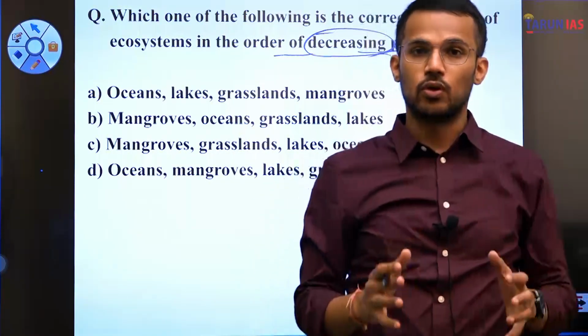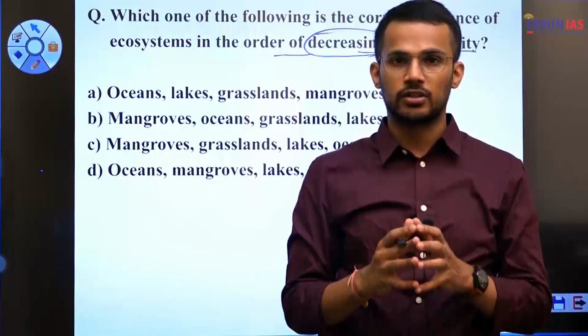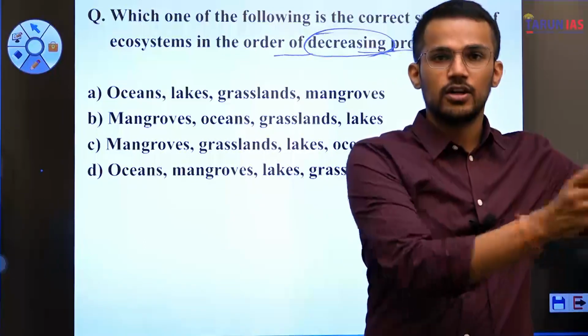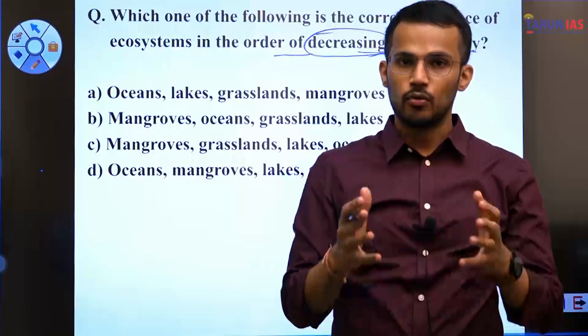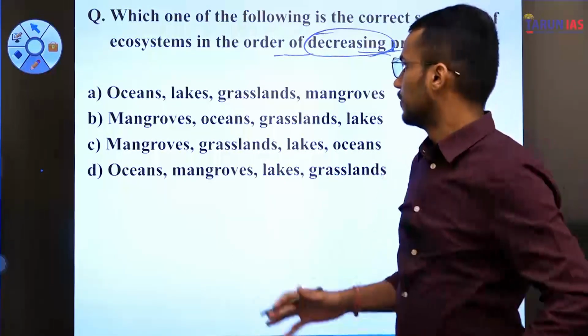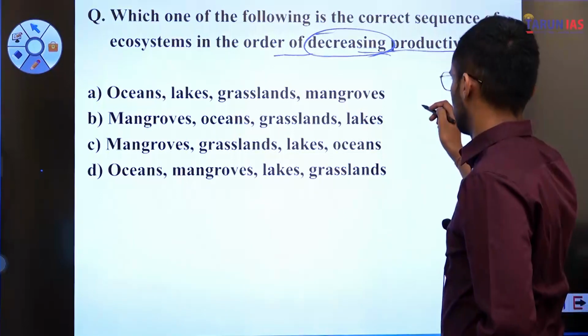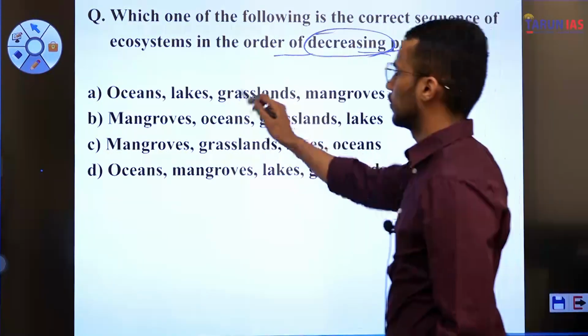That means, first of all, you will have the ecosystem with highest productivity, and in the end, you will have that ecosystem where productivity is least.